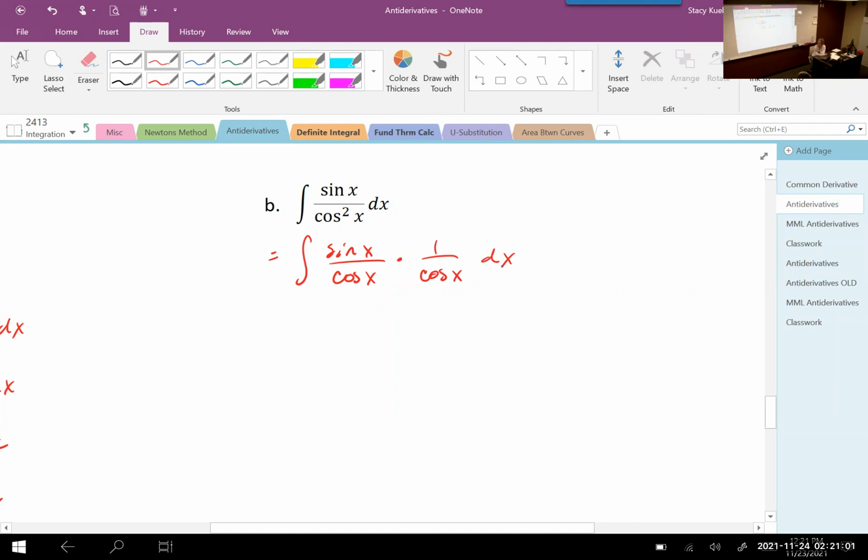What is sine over cosine? Okay, so this would be the integral of tan x times, what's 1 over cosine, dx. So what function, when I take the derivative of it, do I get tan x secant x? Secant x plus c. So we had to rewrite this to be able to then take the integral of it.